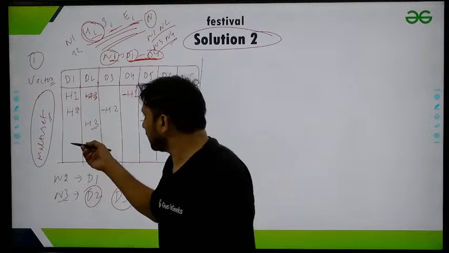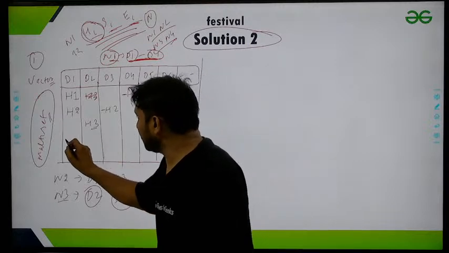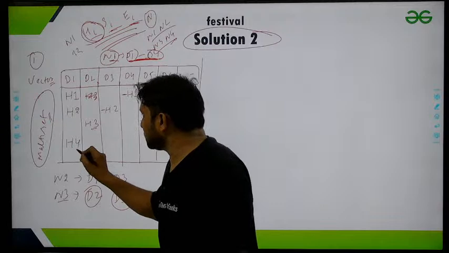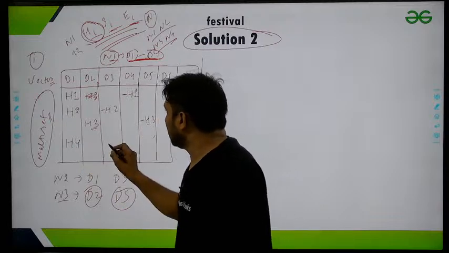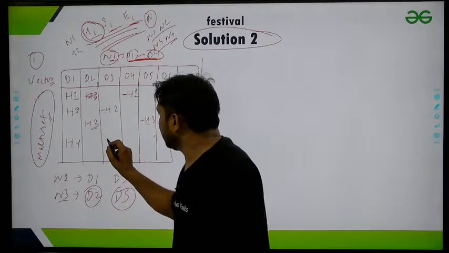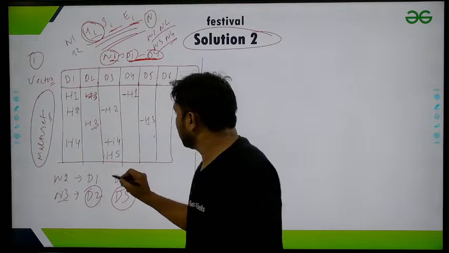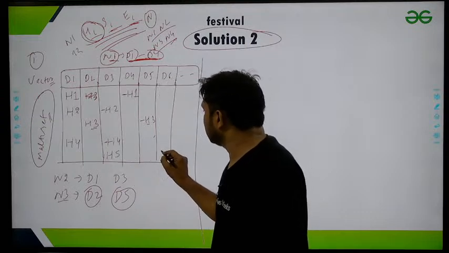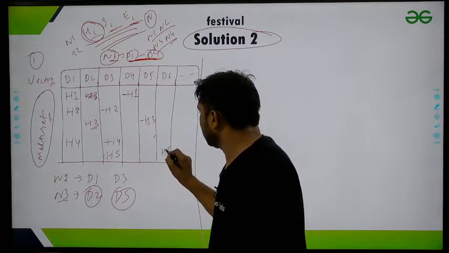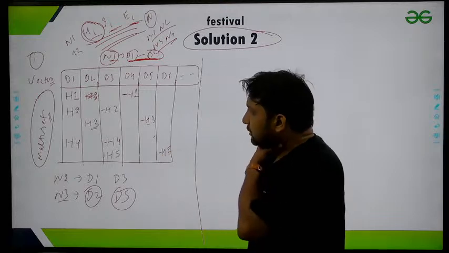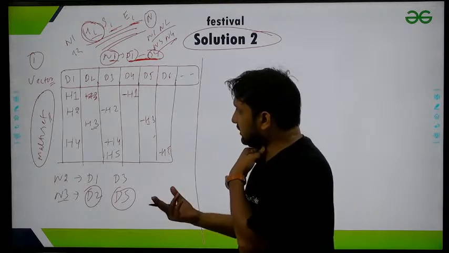Similarly, event 4 may start here and end here, and event 5 may start here and end here. In a similar way you can store different events.